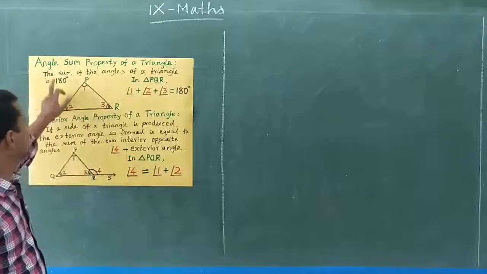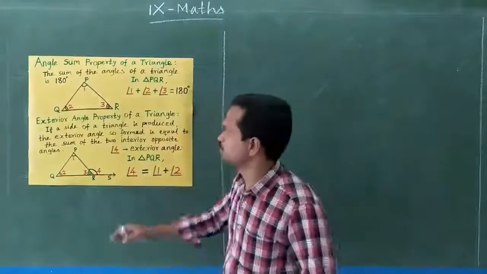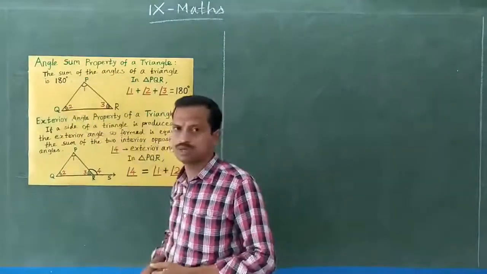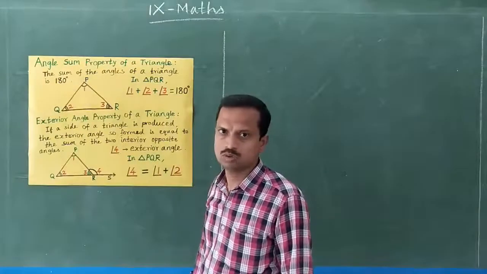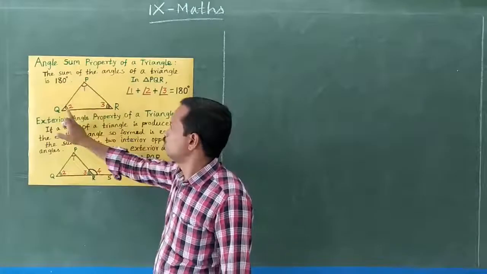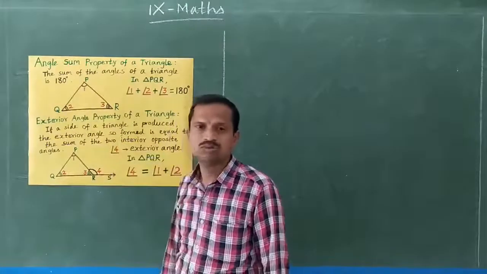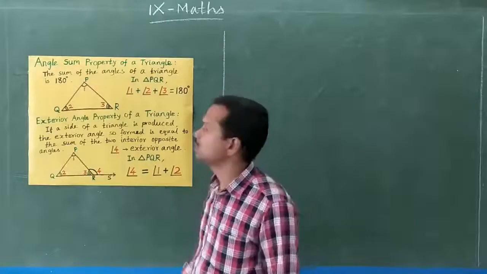So if you take a triangle, for example PQR, how many angles are there? 3. So only we are calling it a triangle. If you sum up all the 3 angles, you get 180 degrees.